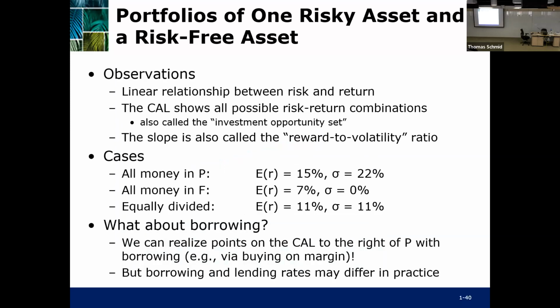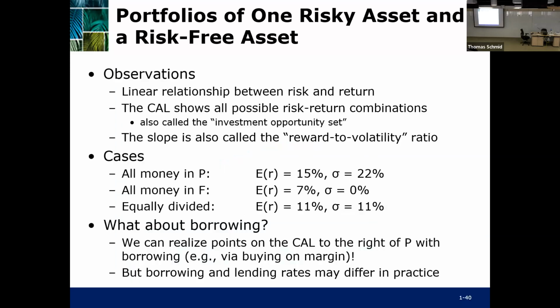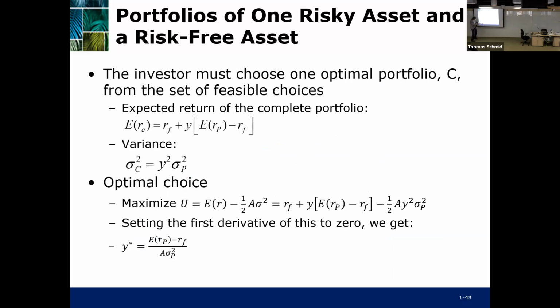And this point, the optimal complete portfolio, how much F and how much P you prefer, depends on A. This is the investor-specific level of risk aversion.